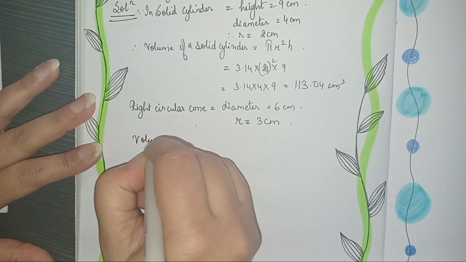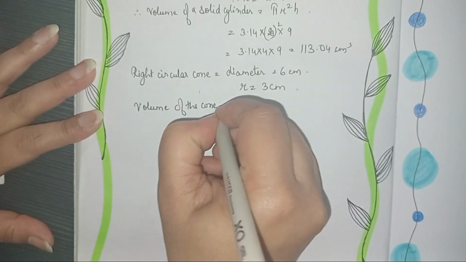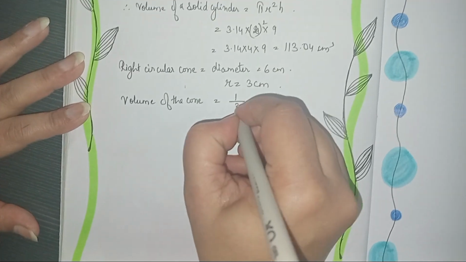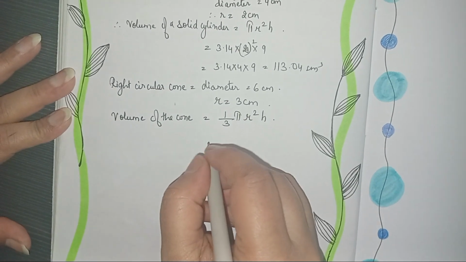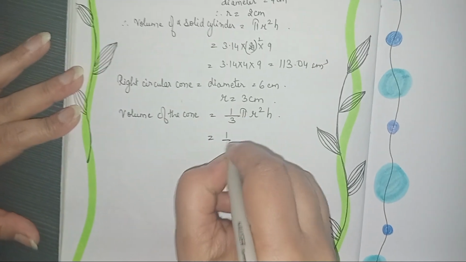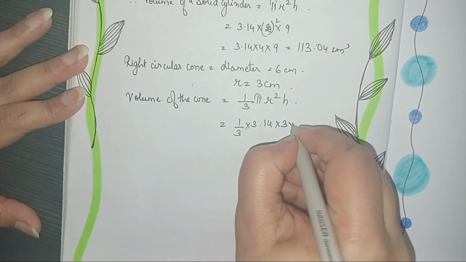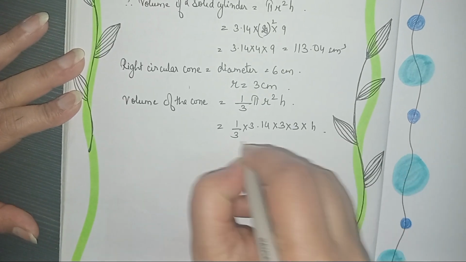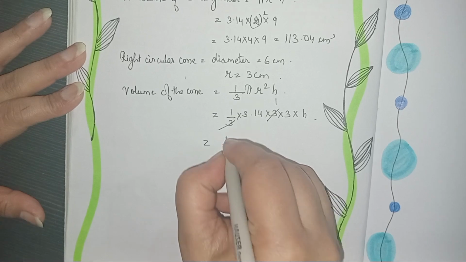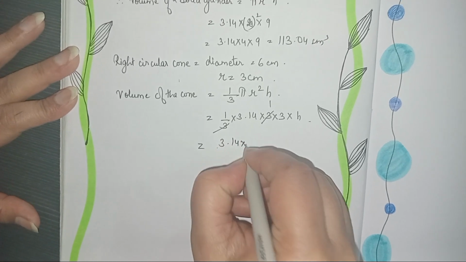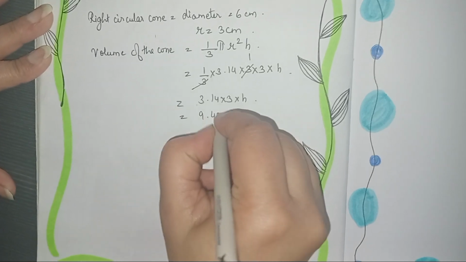Volume of the cone is 1/3 pi r square h, 1/3 into 3.14 into 3 into 3 into h. This 3 gets cancelled with this, will give you 3.14 into 3 into h, which is 9.42 h.